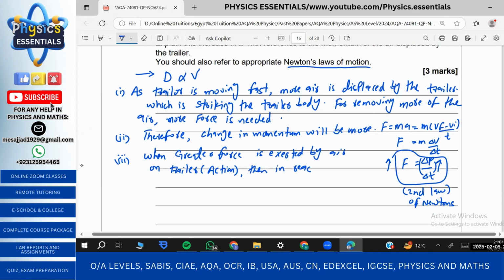Then in reaction, the trailer puts or exerts the same reaction force on the air. That is referred to as Newton's third law.